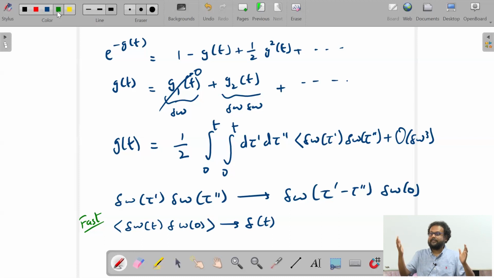If I take a Gaussian distribution for the statistics of this fluctuation, for example, I could see that the correlation will decay exponentially.